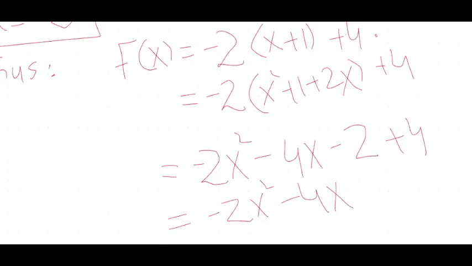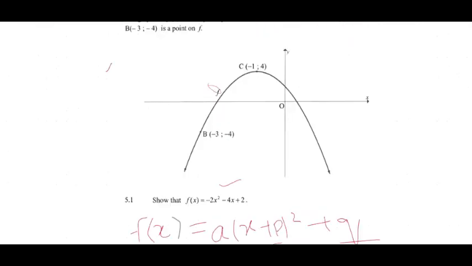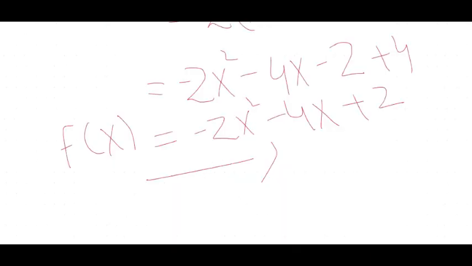So this is the required equation they give us. As you can see over here, we have shown that minus 2x squared minus 4x plus 2 is the required answer. Okay? So move to the next question.